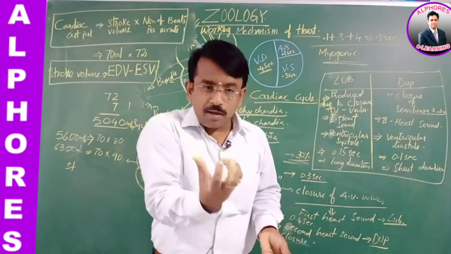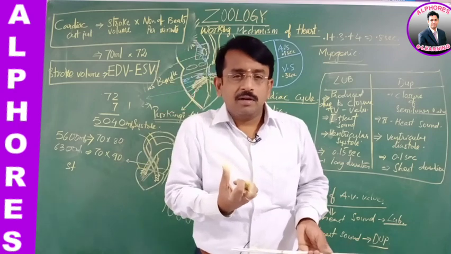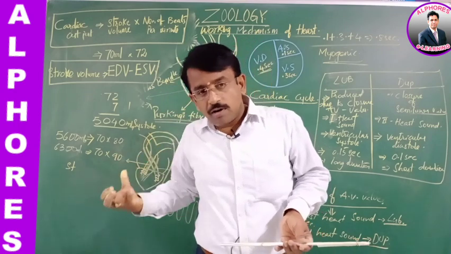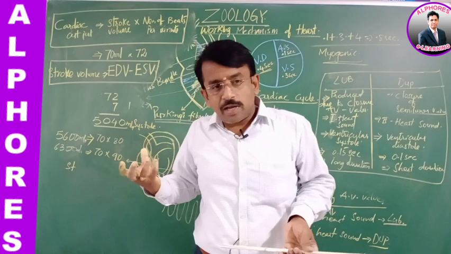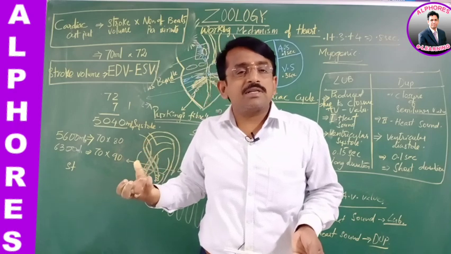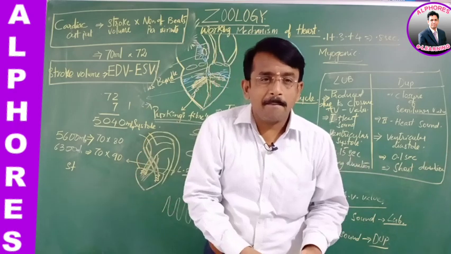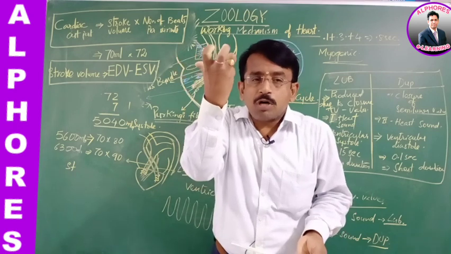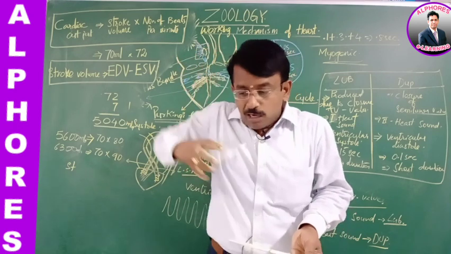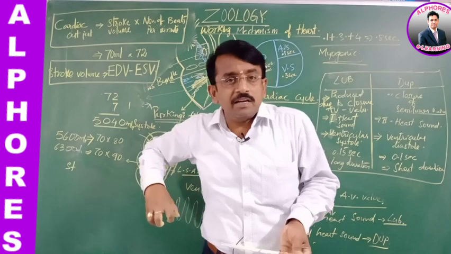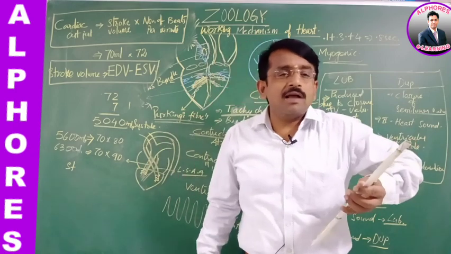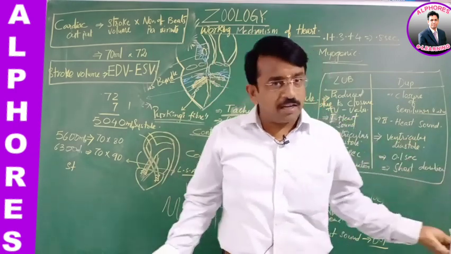If your earnings are known and whatever you are left with, earnings minus what you are left with is nothing but what you spend. The volume that entered, minus what is left, is nothing but the amount that is pumped out. Is it right or not?